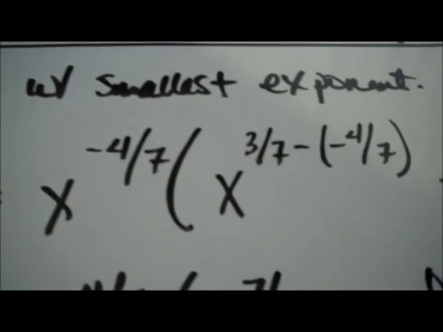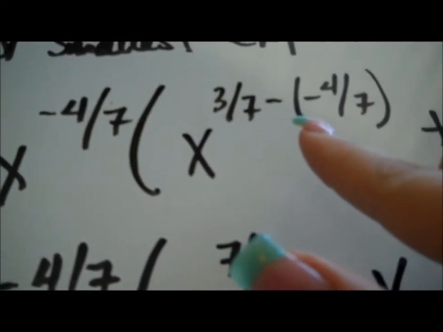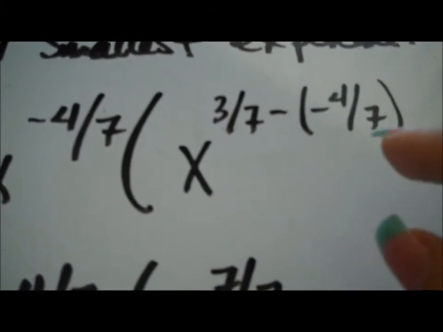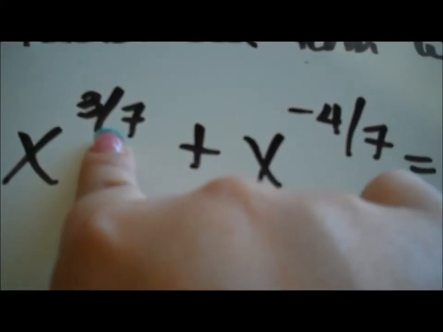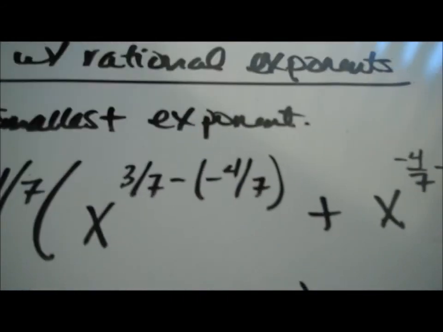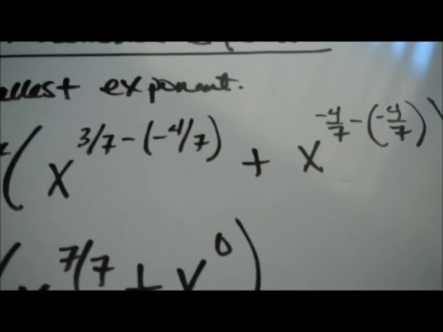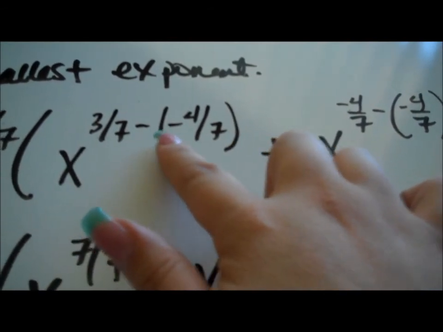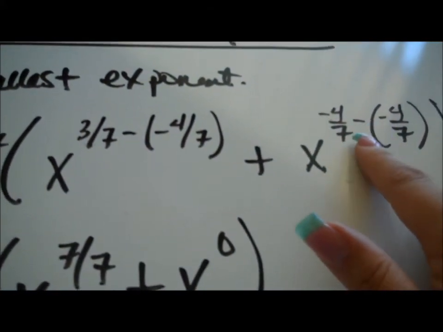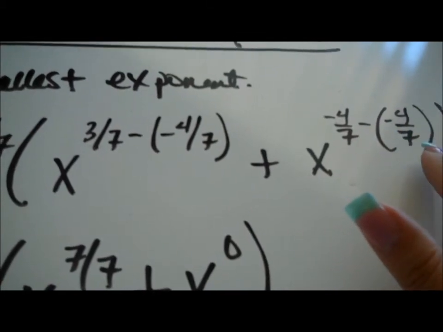That means I have to subtract a negative 4/7 from every single one of these exponents. When I write that out, I have 3/7 minus a negative 4/7, and negative 4/7 minus a negative 4/7.